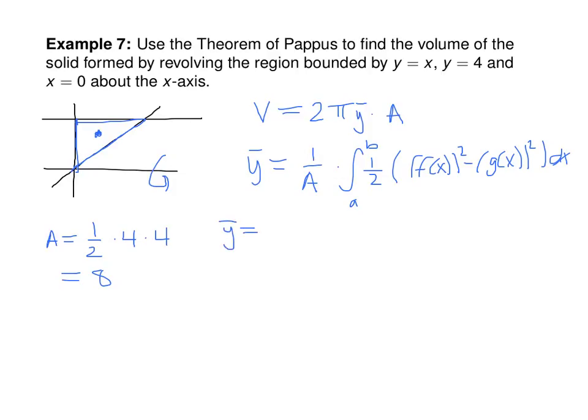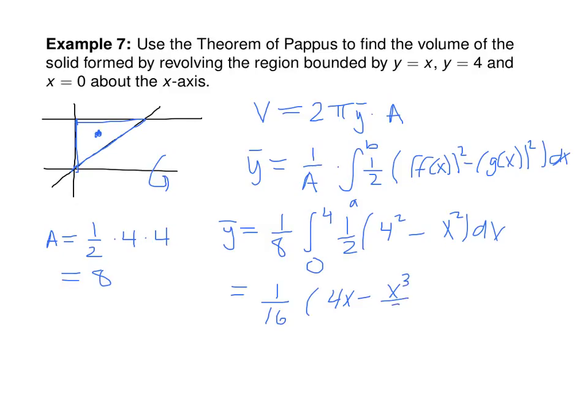So y bar is 1 over 8 times the integral from 0 to 4 of 1/2. My upper curve f of x is the constant curve 4, so 4 squared minus my lower curve, which is x, so x squared dx. That gives us 1/16 times 4x minus x cubed over 3, evaluated from 0 to 4, which is 1/16 times 128 over 3, or 8/3.